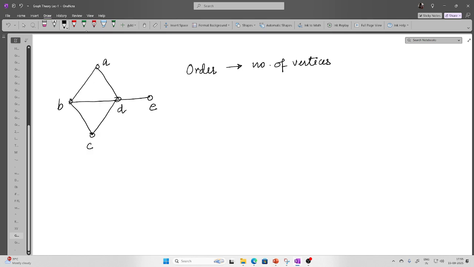So here in this particular case, we are having 1, 2, 3, 4, and 5 vertices. So the order will be 5. It is normally either represented as the magnitude of the vertex set, or it is also written as n. Both are same. Normally people write this. So the order of the graph in the picture is 5, which is nothing but the number of vertices in that particular graph.